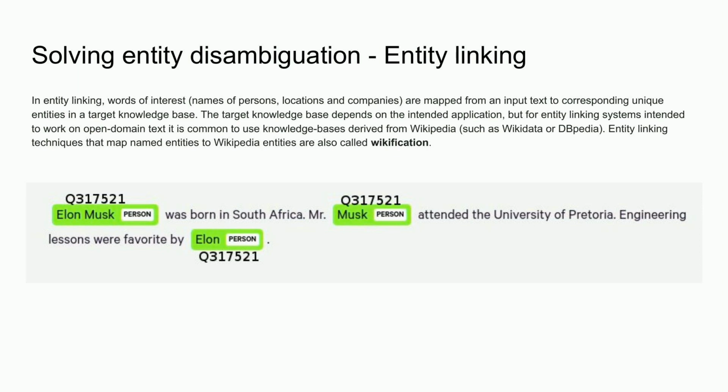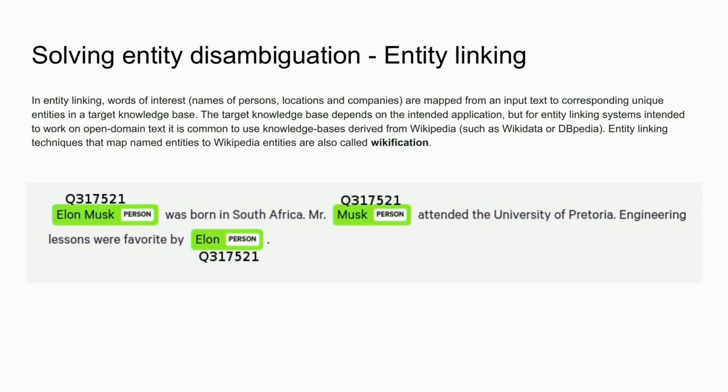Very frequently that target knowledge base is Wikipedia. So in essence, the named entity linking model recognizes entities in the text and then links them to a Wikipedia ID. Here you can see that I've added a Wikipedia ID for all three entities.